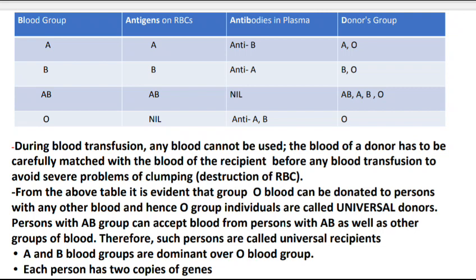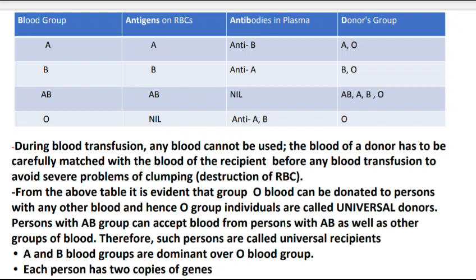During blood transfusion, any blood cannot be used. The blood of a donor has to be carefully matched with the blood of the recipient before any blood transfusion, to avoid severe problems of clumping. Clumping is nothing but destruction of RBC.